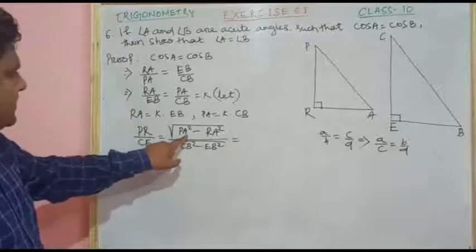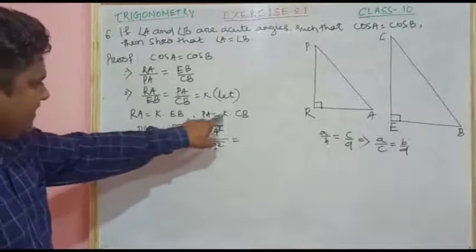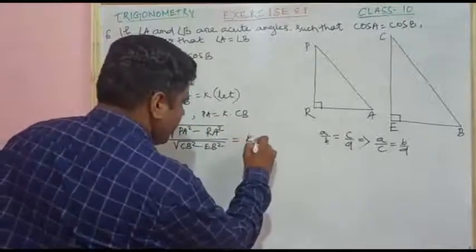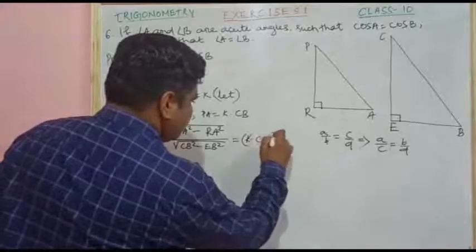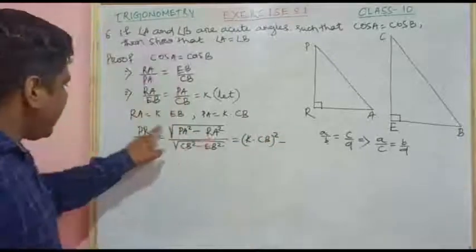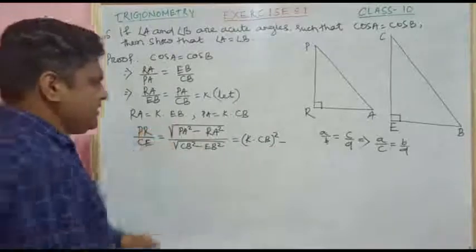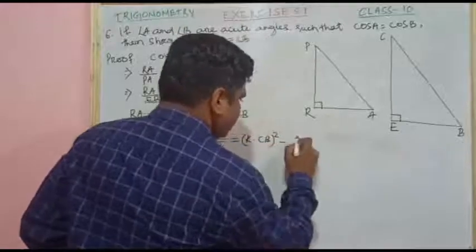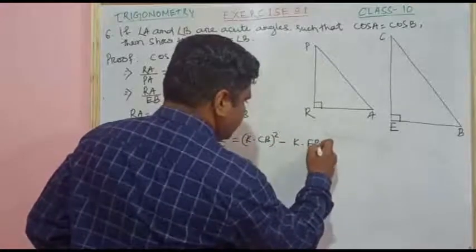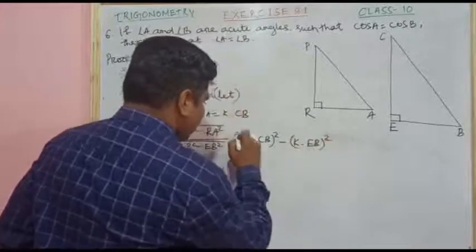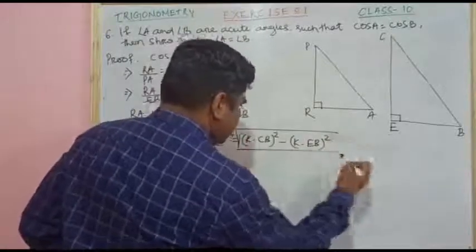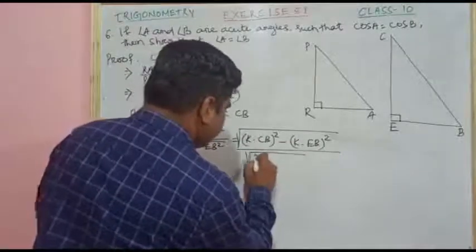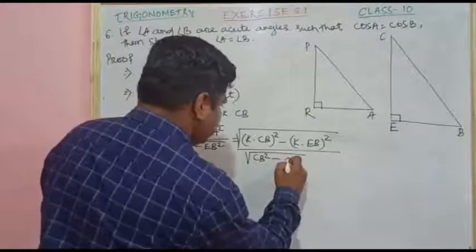In place of PA square we can write K into CB, square of the whole, minus, in place of RA we can write K into EB, square of the whole, divided by root over of CB square minus EB square.